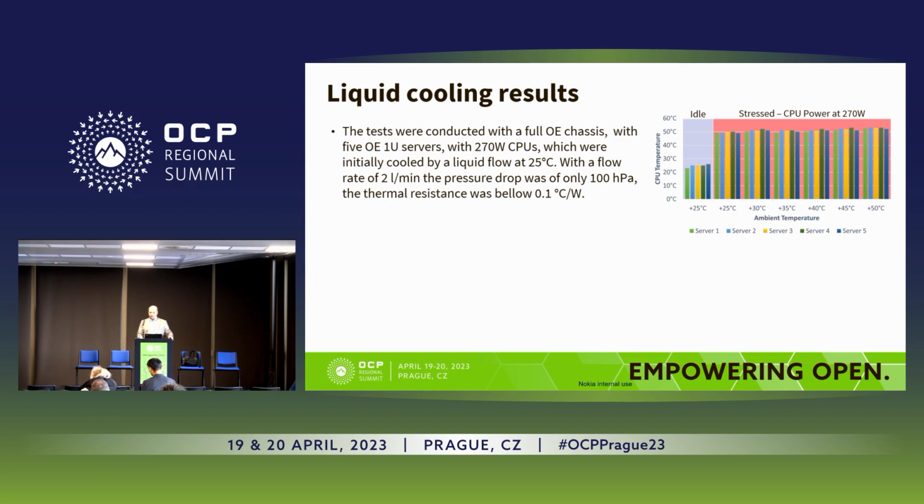You can see that there is actually no difference between different ambient temperatures in CPU temperature when running full 270 watt power in each server. There was very minimal pressure drop in the system with 5 servers, and very good thermal resistance values were measured in that testing.